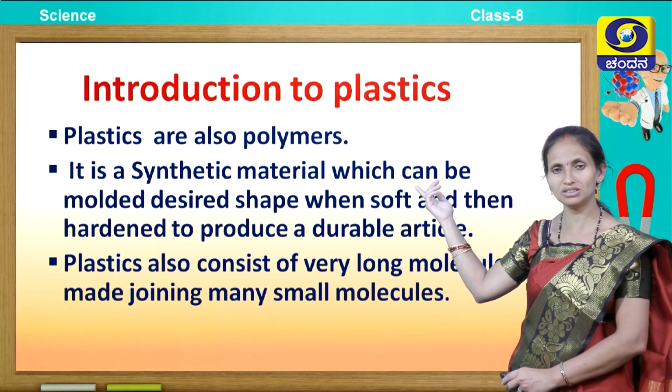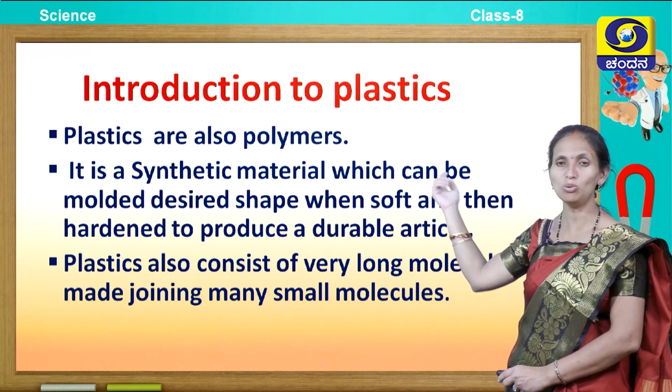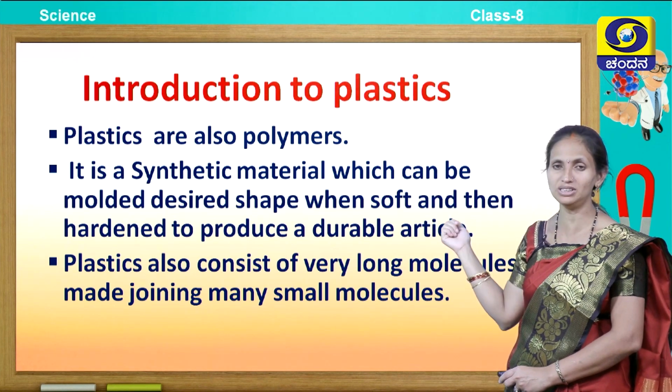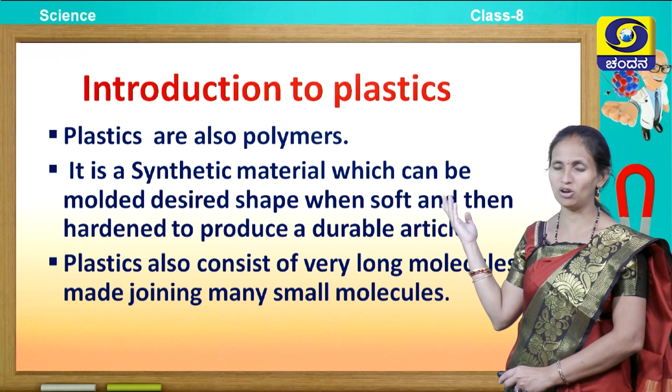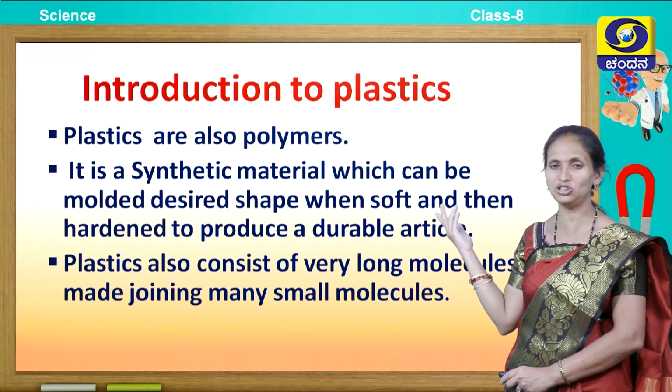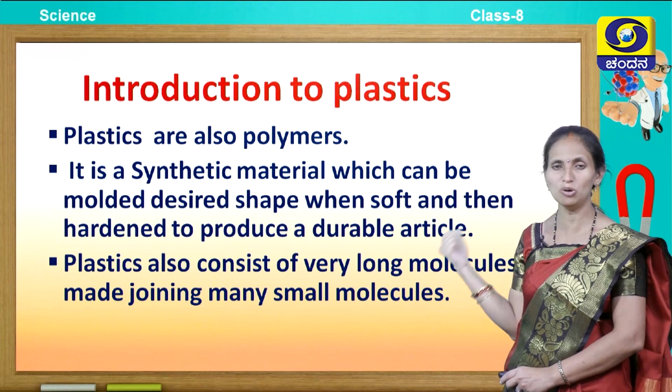So, introduction to plastics. What are plastics? Let us see. Plastics are also polymers. We have learnt about polymers. What are polymers? They are made out of monomers. Many monomers joined together form polymers. So, plastic is one of the polymers.